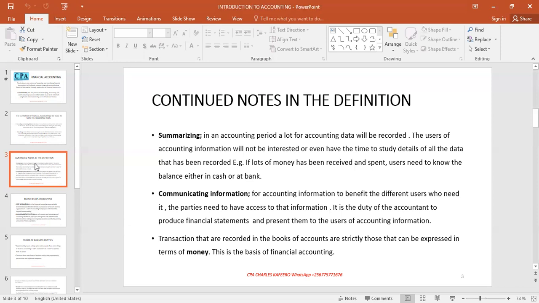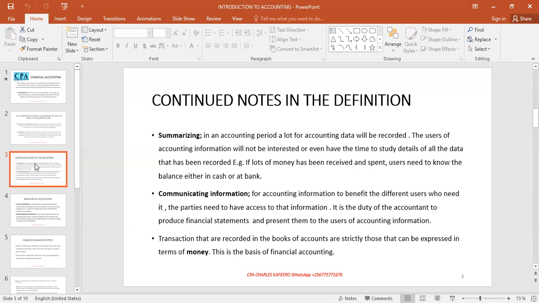It may be the management for decision making, it may be the shareholders, because having made those financial statements, someone will look at the company and say, this company has made this profit, so I'll be able to get my dividends on time, depending on the policy that is in place. If someone sees that the company is really doing good, then you've communicated the information.